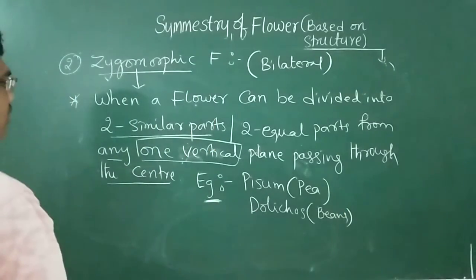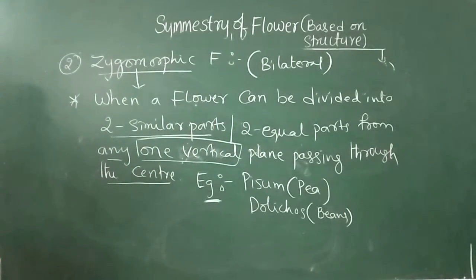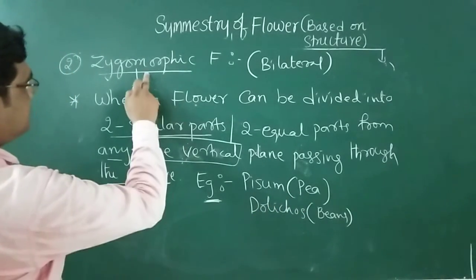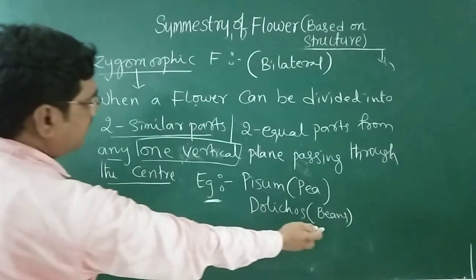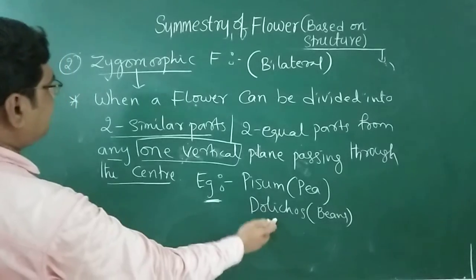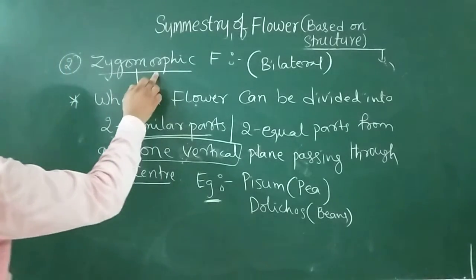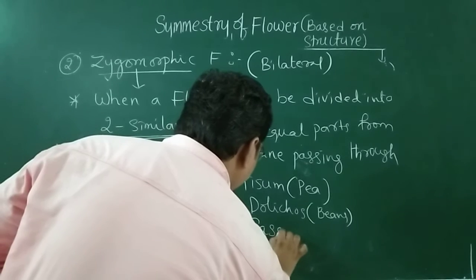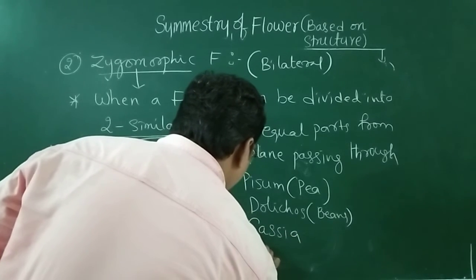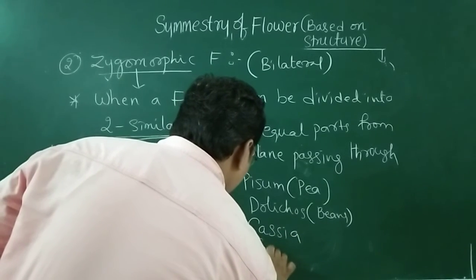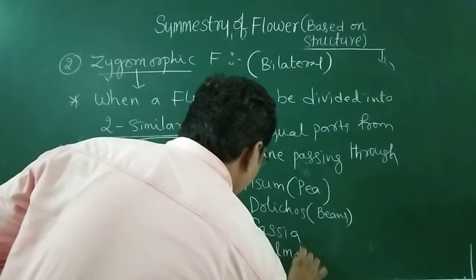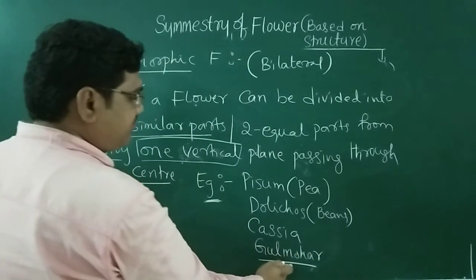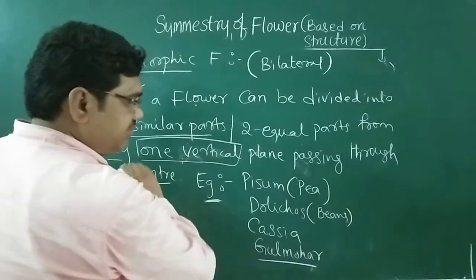These two are examples for zygomorphic flowers. Pea plant flowers and bean plant flowers are examples. Next, Cassia and gulmohar. Gulmohar is also an example for zygomorphic flowers.